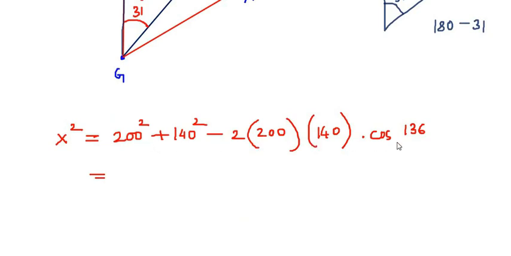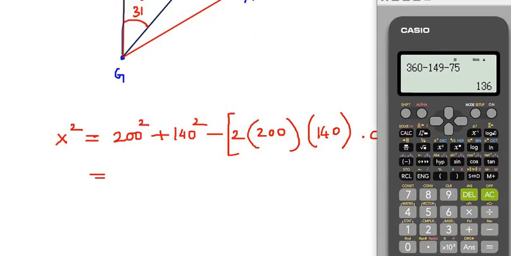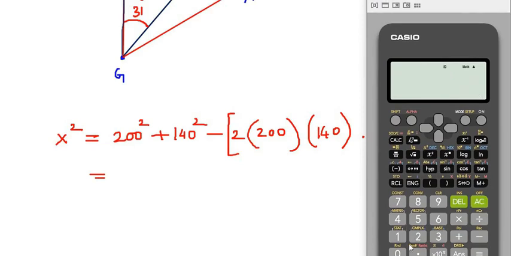So let us put it in the calculator. Remember that this term needs to be put inside the bracket together. So here we get 200 square plus 140 square minus, I'm going to put everything in the bracket, 2 times 200 times 140 times cos of 136 degrees.